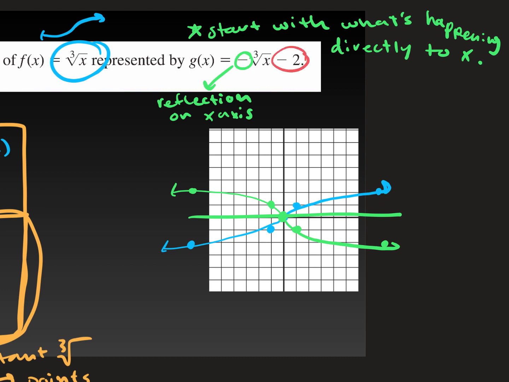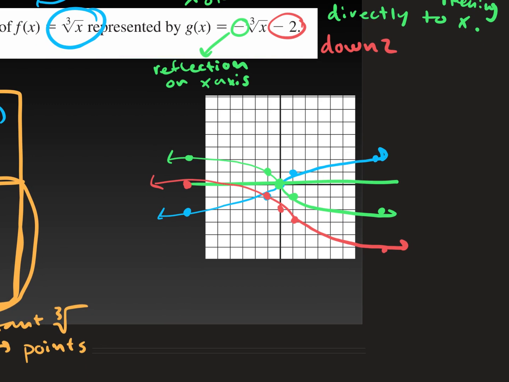We also have this minus 2 on the outside. So what does that minus 2 do to our graph? Minus 2 on the outside, what does that do? We go down 2. So I'm going to take my green line there and just shift all my points down 2. So now this red graph is my graph of g of x.